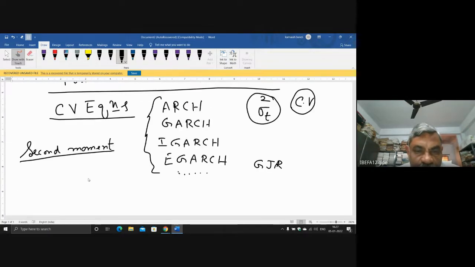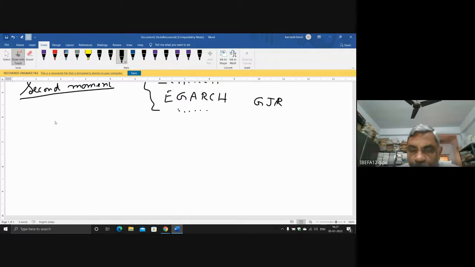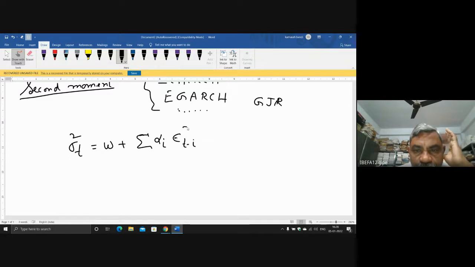I don't know whether you are catching this or not. Instead of, for example, sigma square t, writing like this, summation alpha i epsilon t minus i square plus summation beta j sigma square t minus j. Okay.